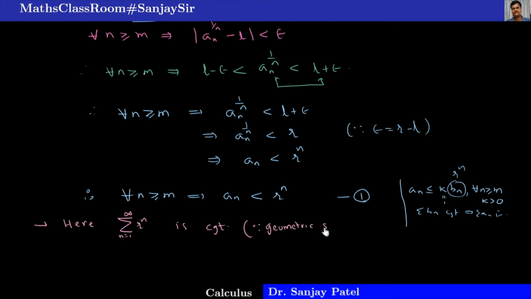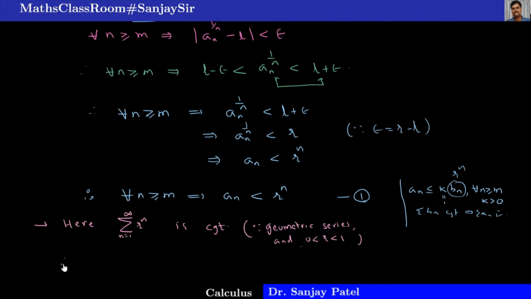And the ratio of this geometric series is between 0 and 1, and we have 0 less than R less than 1. So the ratio is between 0 and 1. That is very, very important. Otherwise, the series is not convergent.